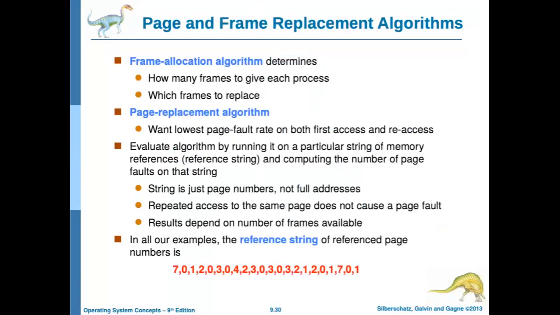Now the algorithms we want to see are the frame allocation algorithm and the page replacement algorithm. Two types of algorithms are there, where the frame allocation algorithm will determine how many frames to give each process.